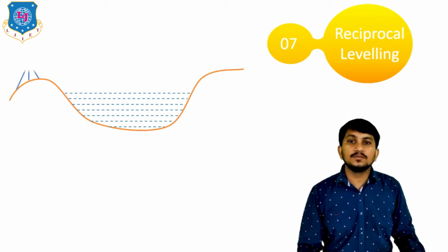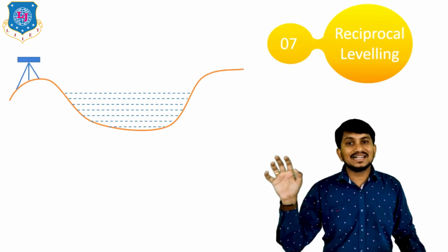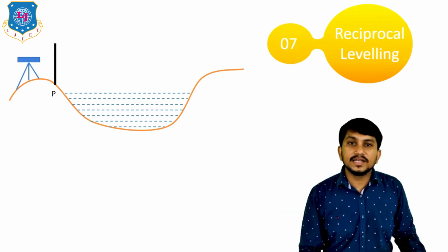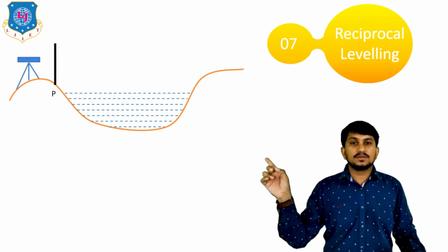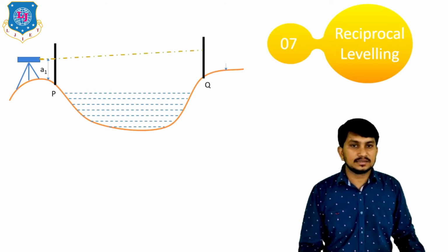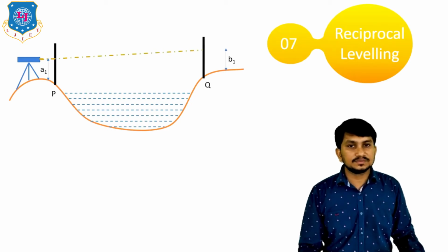For that, first we have to do our setup at one bank like this and take the readings at station number P. This reading is called as A1. After taking the readings at P, we will take the readings at Q. Okay, like this. This is B1.